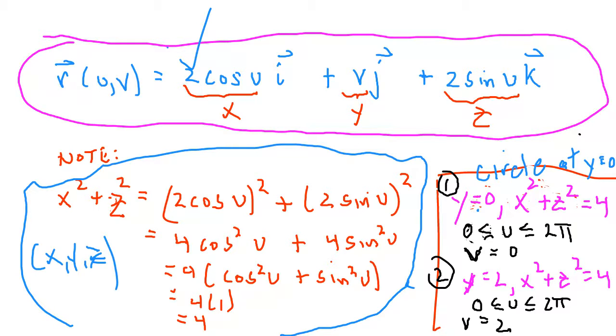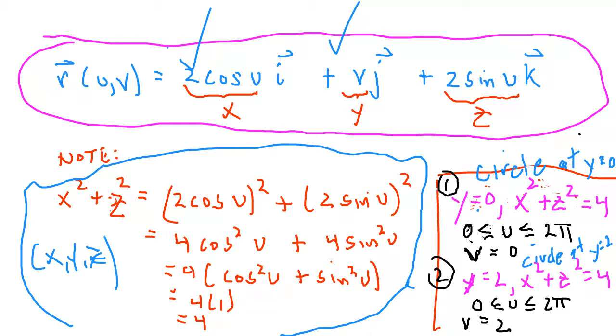So now here we have another circle. This here is a circle at y equals 2. So you see, basically we can view this vector function of two variables as tracing out a surface composed of circles.